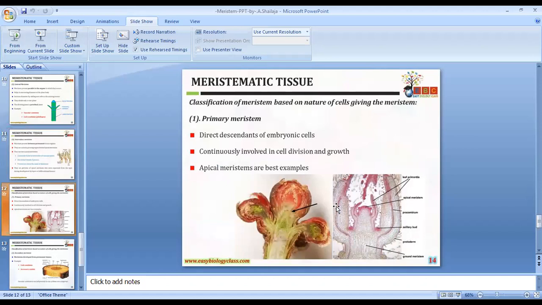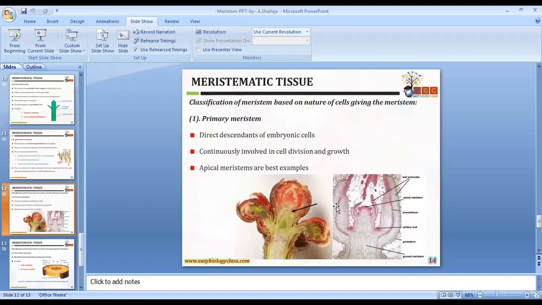See here, this is a primary meristem, the first stage of the plant. After the mature stage, after the secondary growth, secondary tissues are developed; that is the secondary meristem. And see here, secondary meristem is in the permanent tissues.